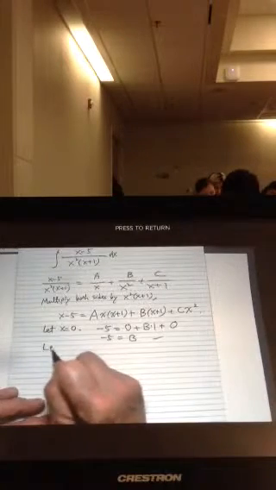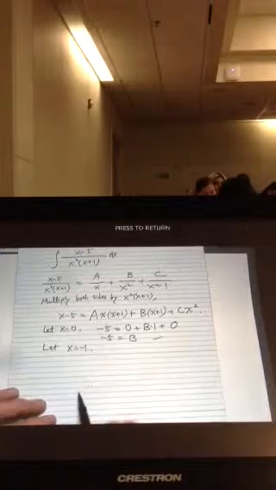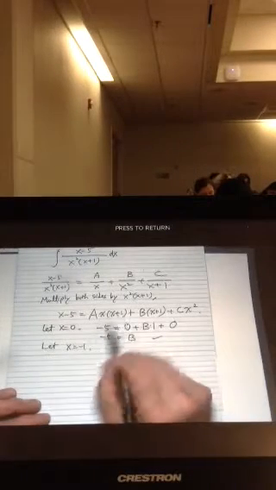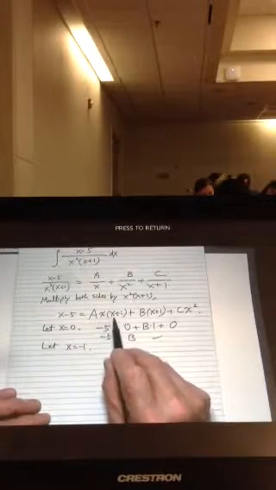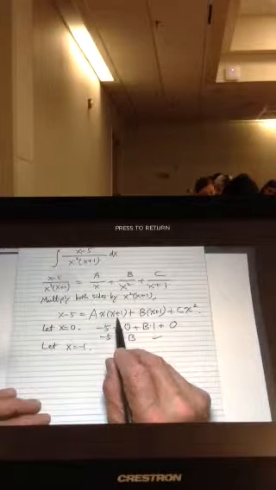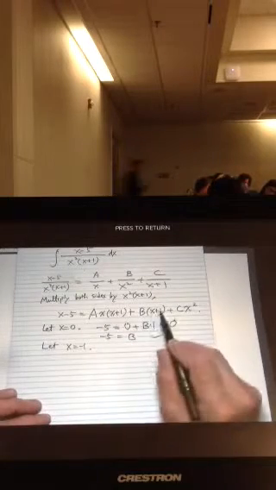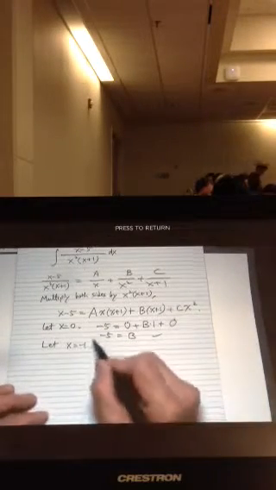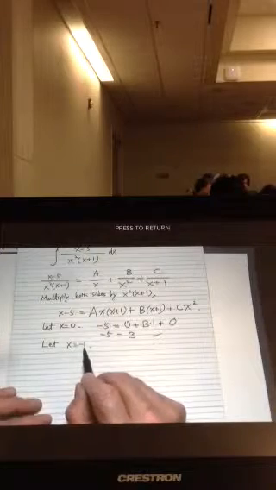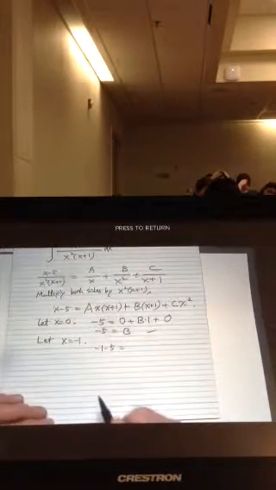All right, what else can I do? Well, I can let x be negative 1. Why negative 1? Because when x is negative 1, x plus 1 is 0. Okay, so this term will be gone, this term will be gone, only this one is there. So when I replace x by negative 1, I have negative 1 minus 5 on the left-hand side.